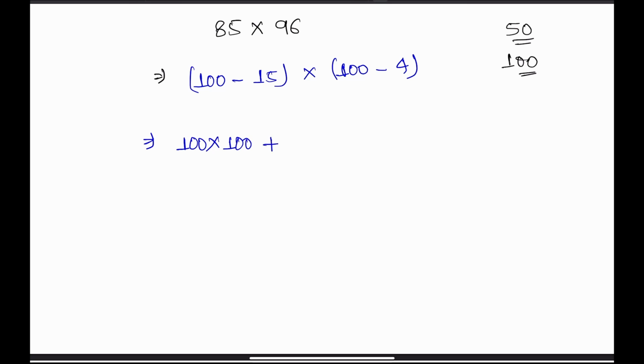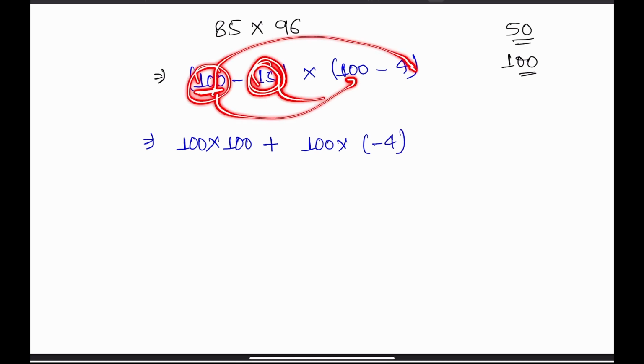Everywhere we are using plus. Okay, now whatever the number is, we are just writing it down. Plus now minus 15 into 100, or let's just do it once, that would be better. 100 into minus 4. So what I have done, this 100 I have multiplied with this one and this one.